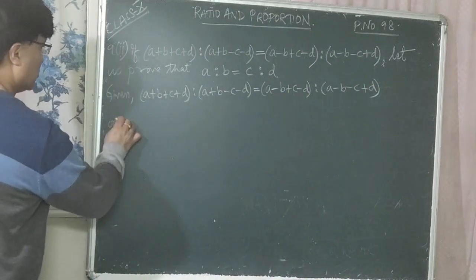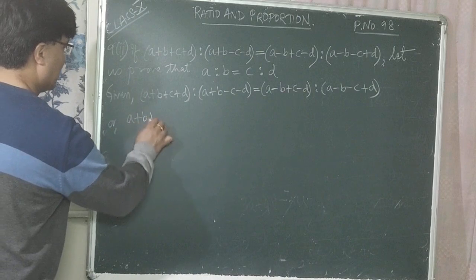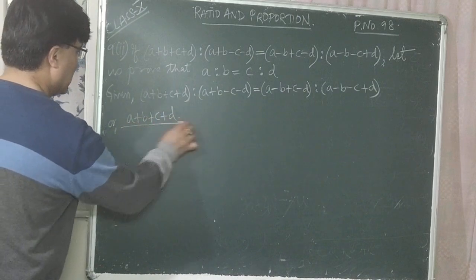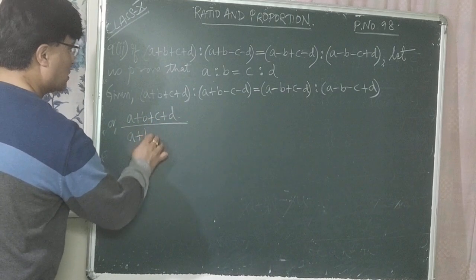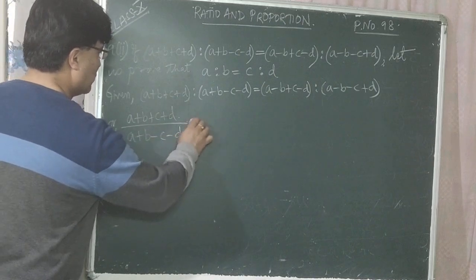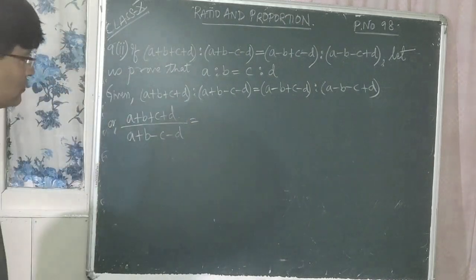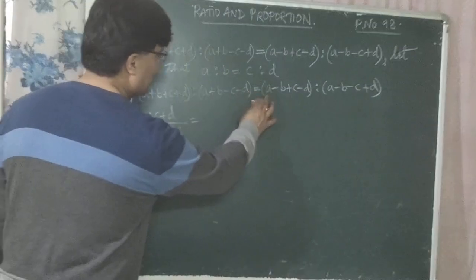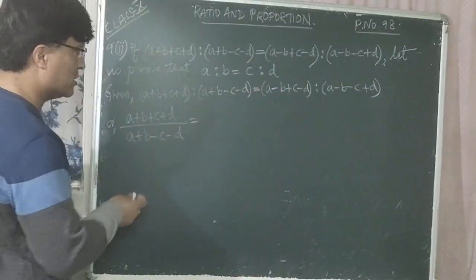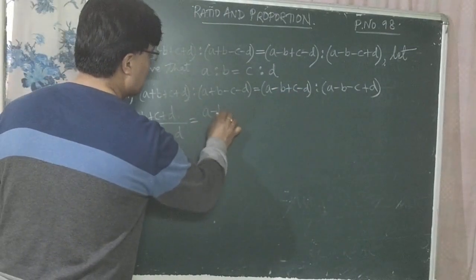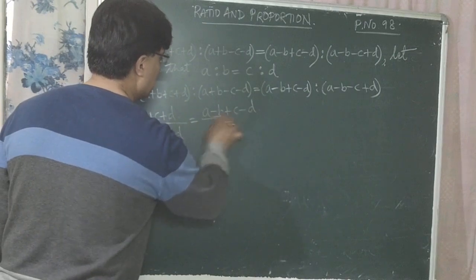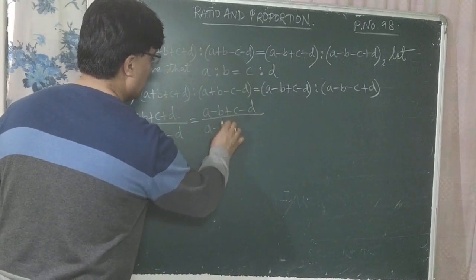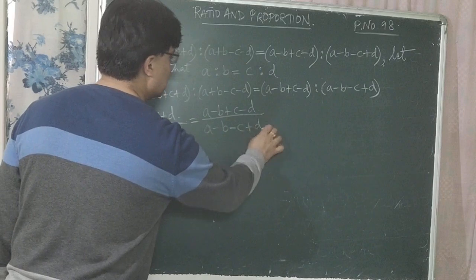Or a plus b plus c plus d divided by a plus b minus c minus d, which is equal to, on the right hand side also you can write it in terms of fraction. Ratio means fraction, isn't it? So a minus b plus c minus d divided by a minus b minus c plus d.